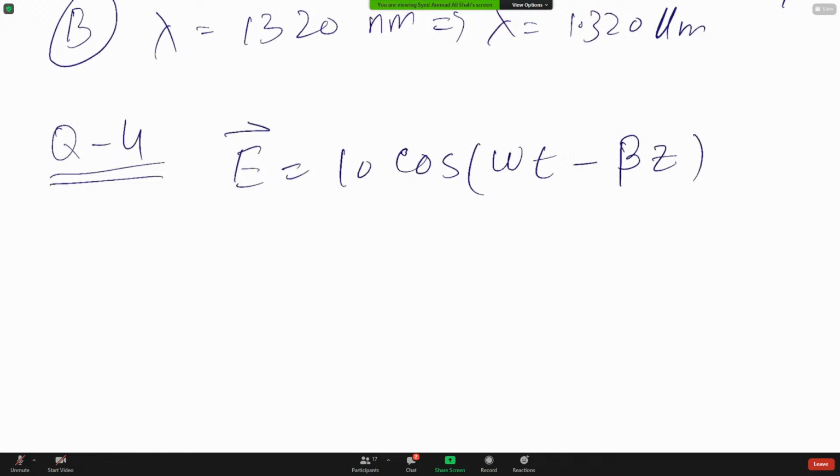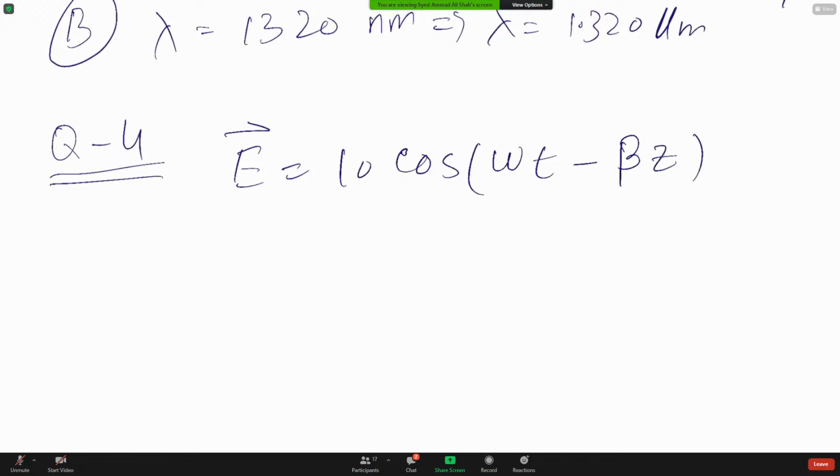So this beta and k are both the phase constant. He took this question, I think, from a separate book, so he used beta instead of k, but it's the same thing. E is expressed in microvolts and the propagation constant is given in per micrometer. The distance z is measured in micrometers.